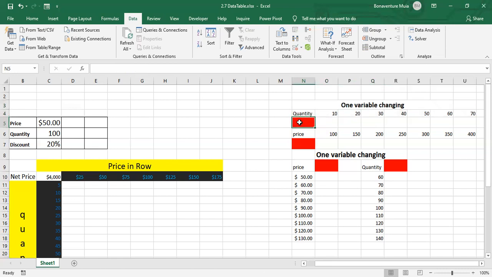But before we use the data table, there is this cell which I have filled with red, N5. In N5, we need to have the formula for calculating the net price.